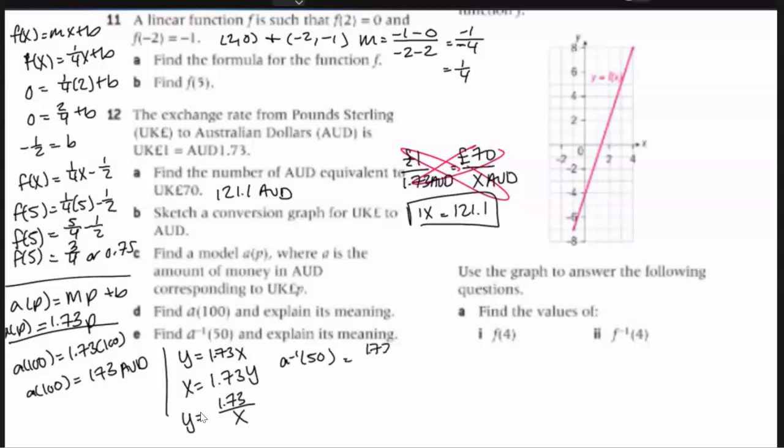So I'm going to plug in 50 for x, and that should give you 28.90. And this is pounds. So 50 Australian dollars is 28.90 pounds. Which makes sense. Ideally, we can logically think through it.